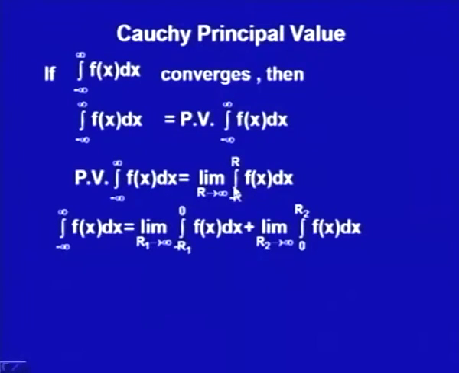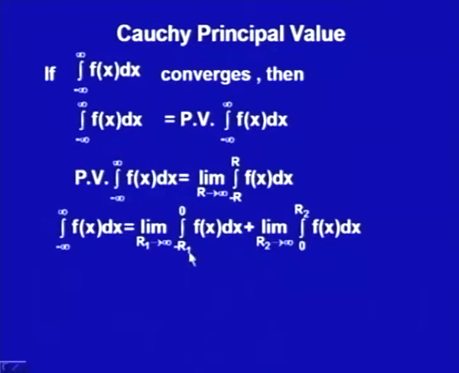Then the integral from minus r to r of x dx, since x is an odd function, is 0 for all r, so the limit is 0. So the Cauchy principal value for the function x is 0, but that is not the value of the integral, because this integral does not exist.